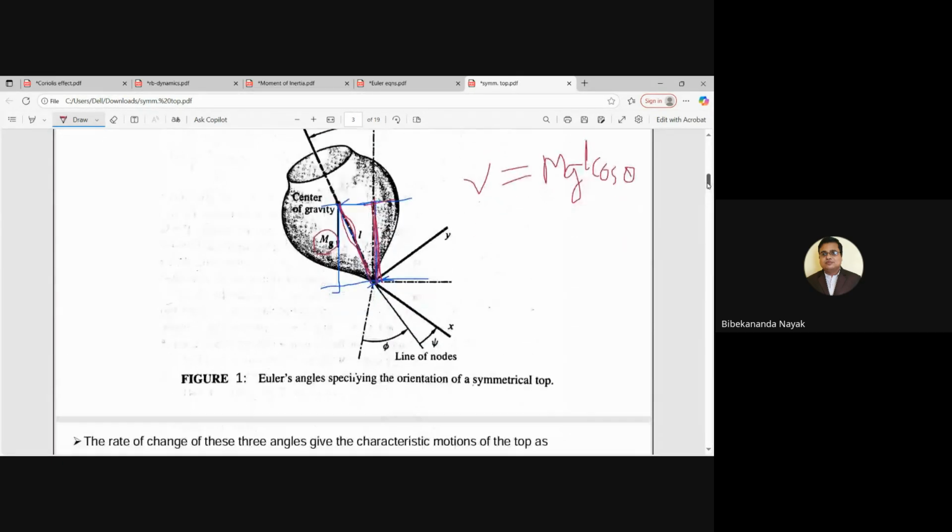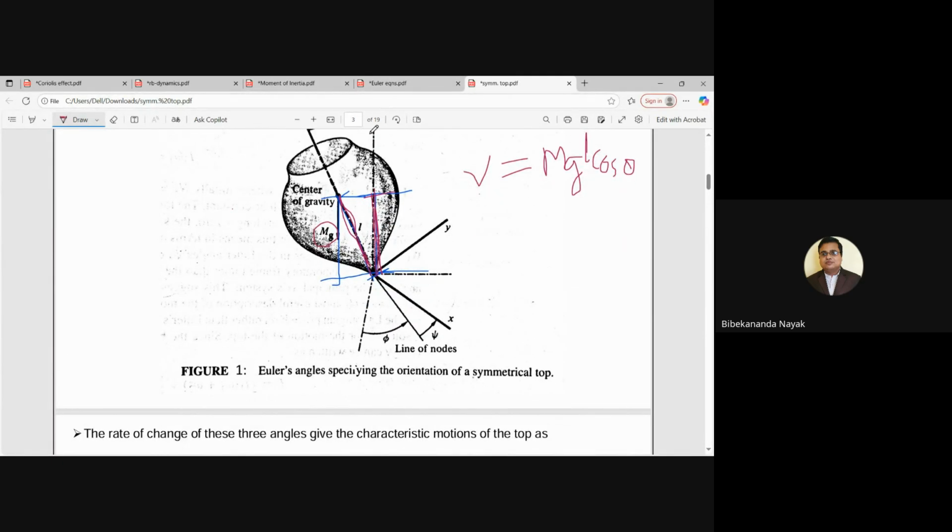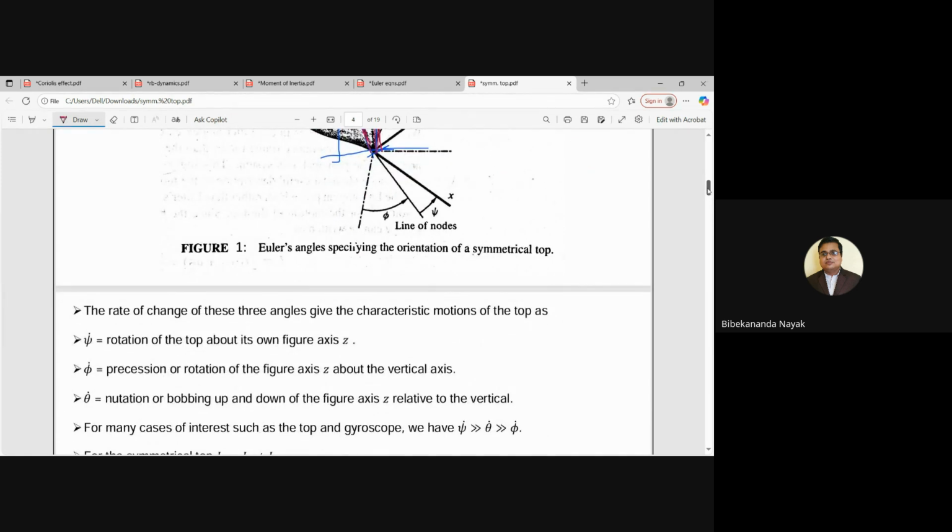Rotation about one axis is greater than rotation about the vertical, which is greater than the up-down motion. Bobbing up and down is called nutation. Another is the rotation about the axis, the precession.